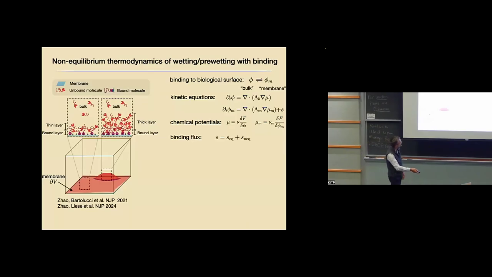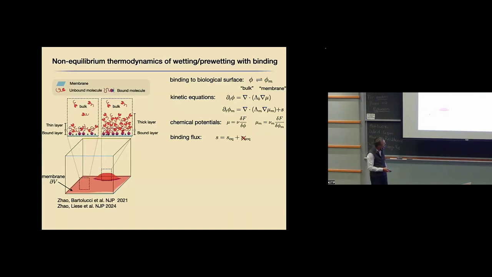And moreover, you have a binding flux, S, that's this sink and source term. You can separate it, if you want, between a part that can relax to thermal equilibrium and one that can't. This is exactly what makes the binding active. Today I will focus a bit less on this, but if you want to talk with me about this active wetting stuff, also with Frank, I'm around and happy to discuss.